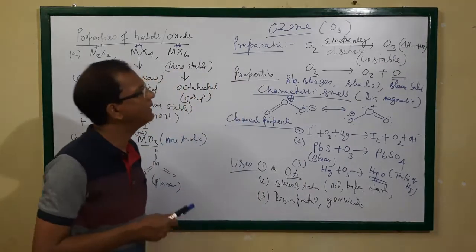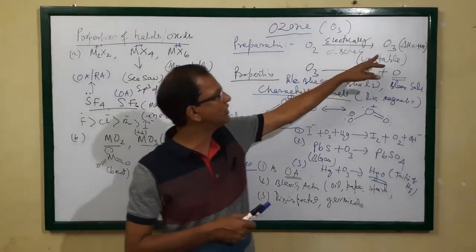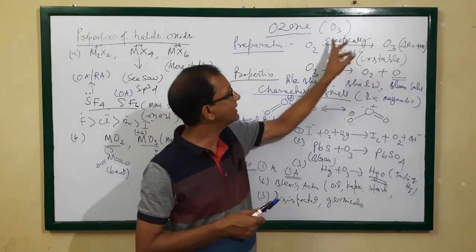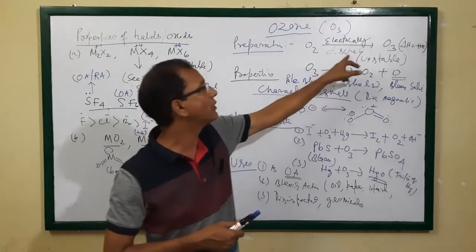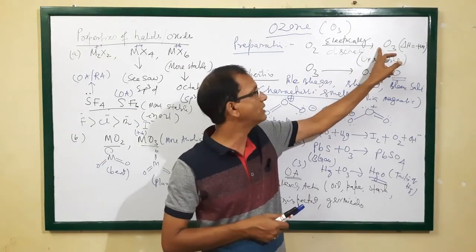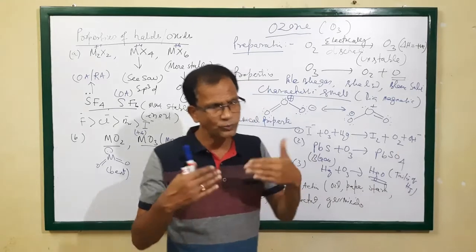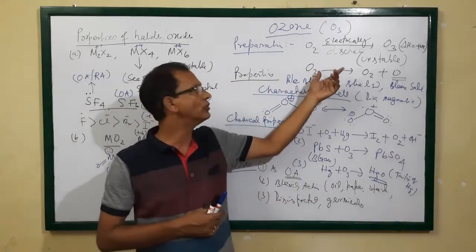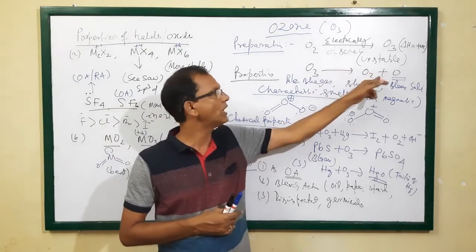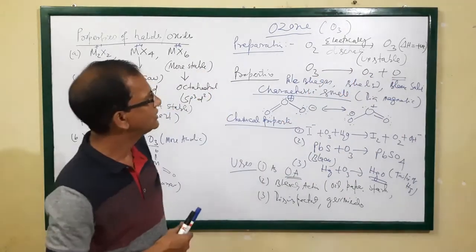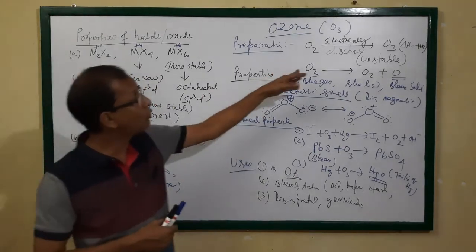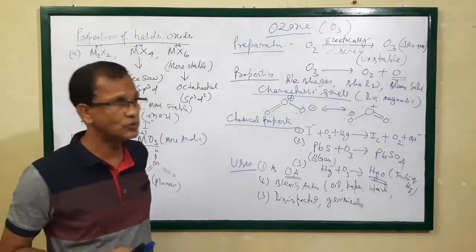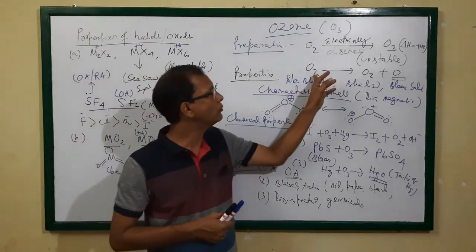This O3 can be decomposed again to oxygen. When high temperature is given, it undergoes dissociation and decomposes to atomic oxygen and molecular oxygen. That's why ozone depletion takes place in the upper layer due to the decomposition of ozone.